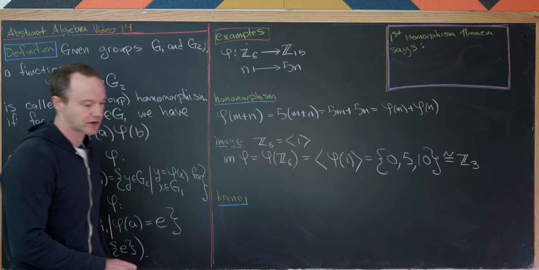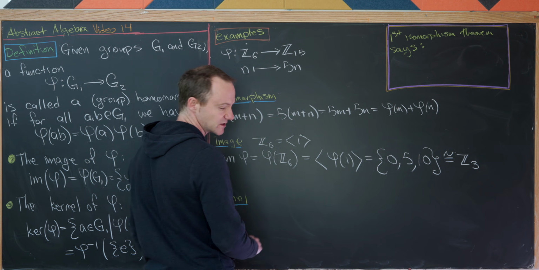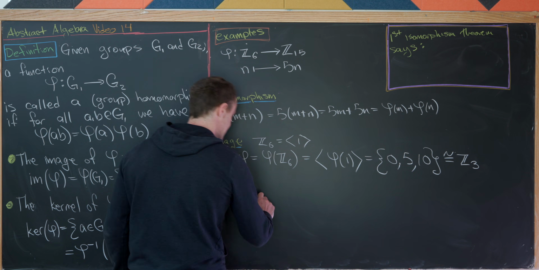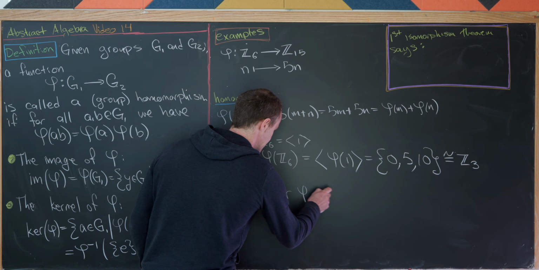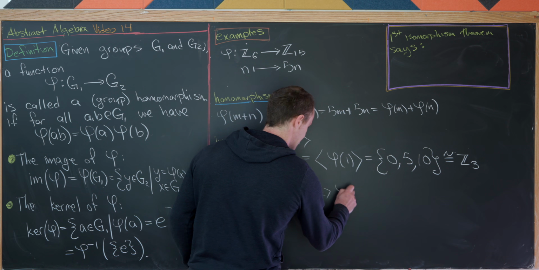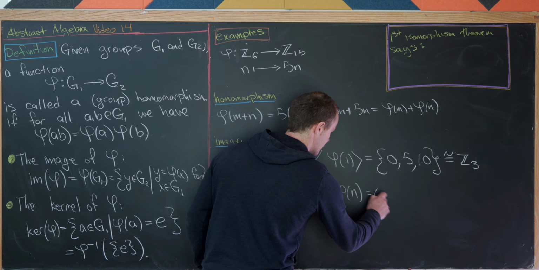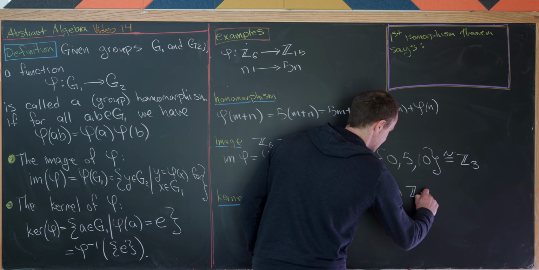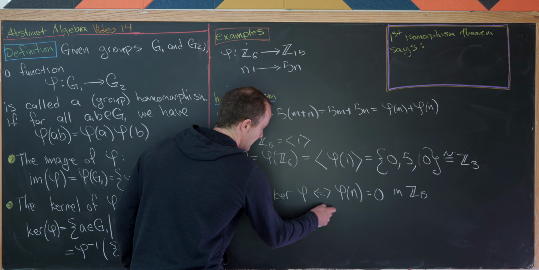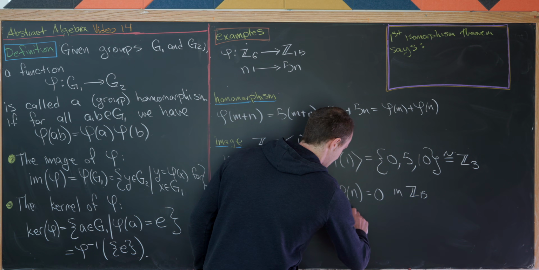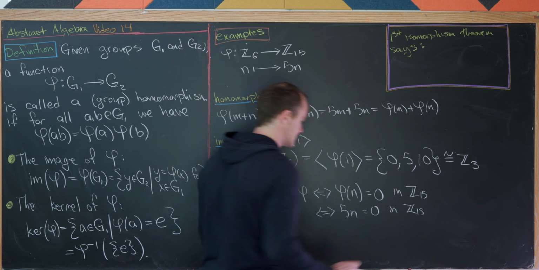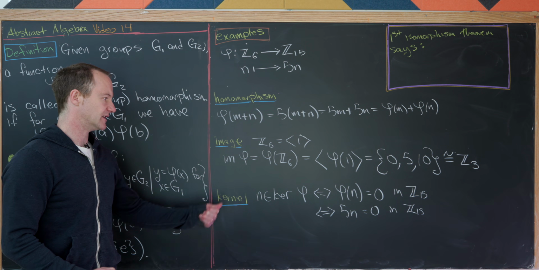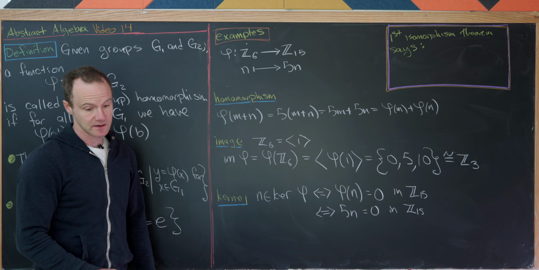And now let's calculate the kernel. Let's notice that if n is inside the kernel of phi, that's equivalent to saying that phi of n equals 0 in Z15. But that's equivalent to saying that 5n is equal to 0 inside of Z15, just by the definition of our phi.